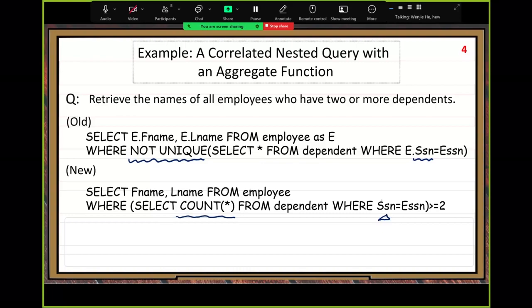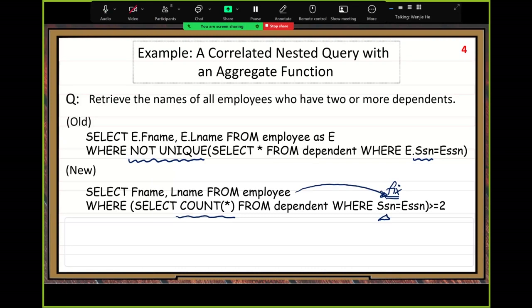So we fix the SSN from the outer query. Then there are several possible ESSN corresponding to the same SSN from the outer query.